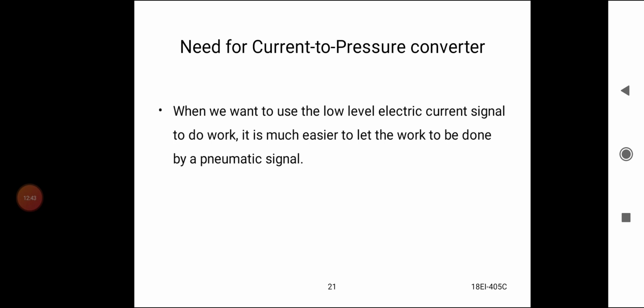When you want to use a low level electric current signal to do work, it is much easier to let the work be done by a pneumatic signal.